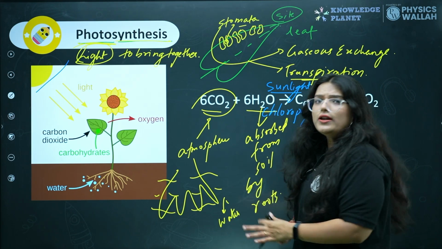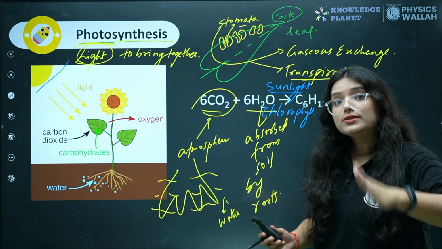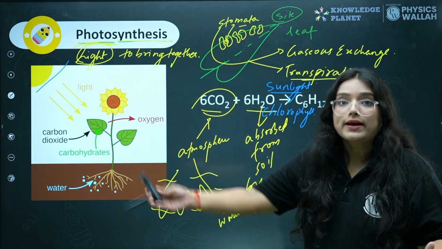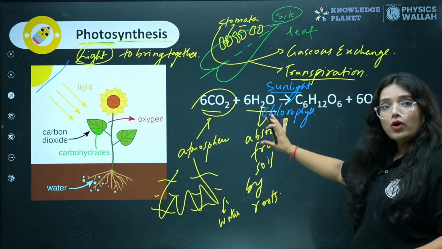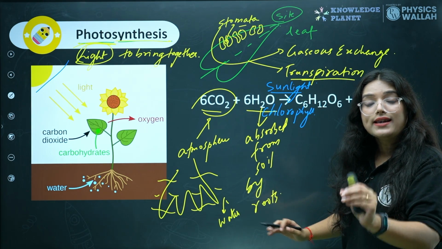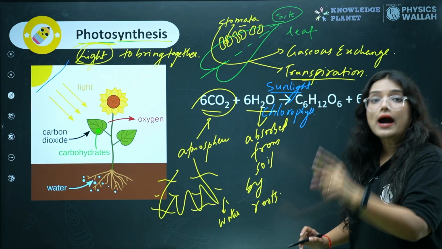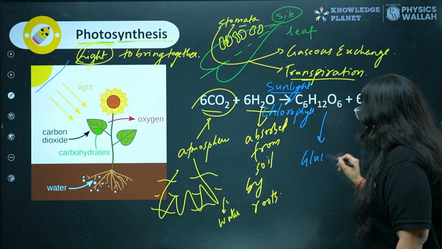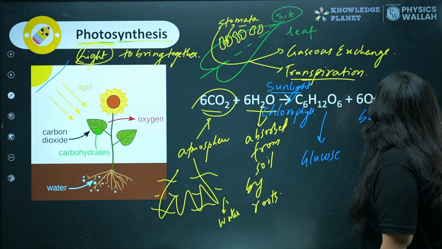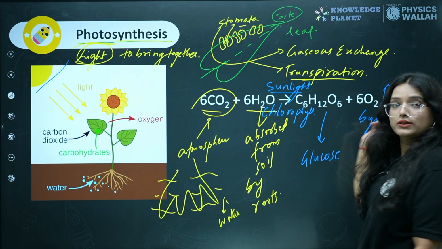This chlorophyll is going to absorb the sunlight to convert this solar energy into chemical energy. Now, carbon dioxide and water in the presence of sunlight with the help of chlorophyll, they will form a carbohydrate as a food, and that carbohydrate is your glucose, releasing a byproduct which is oxygen gas in the atmosphere.